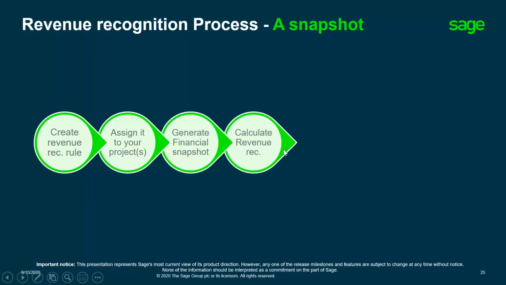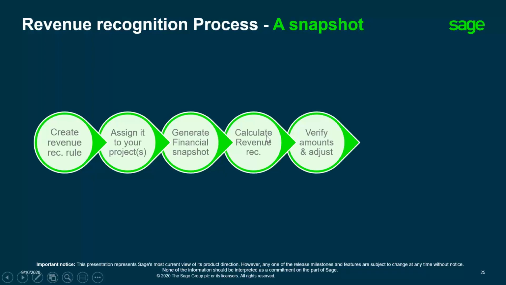Because the calculation of the revenue recognition should be based on a financial snapshot that you launch at a point in time, maybe at the end of each month. Because during the month you may have invoices issued to your customers, or you may have received invoices from your suppliers related to the project. So you have to have a financial snapshot in that case.